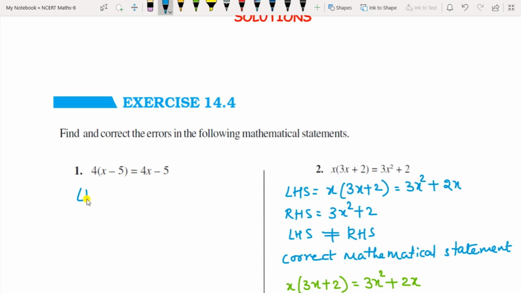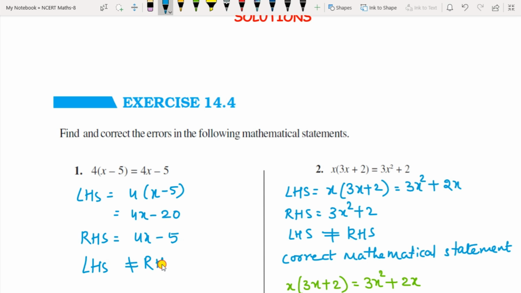So first write LHS, that is 4(x minus 5). On solving this you get 4x minus 20, that is your LHS, but RHS is given in the question as 4x minus 5, which is not equal to this. These two are not equal. So LHS is not equal to RHS.